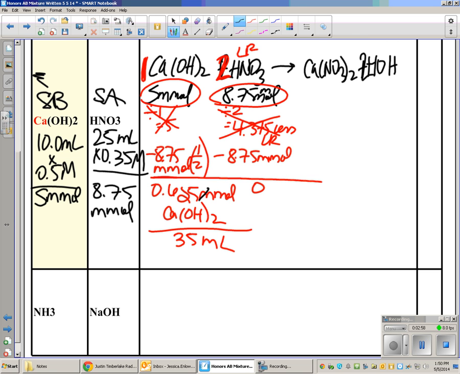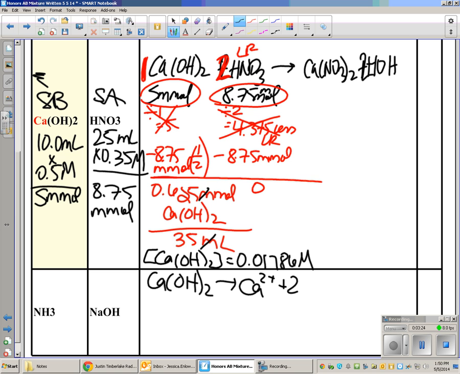Your millis and millis cancel out, that gives you moles per liter. This gives you the concentration of calcium hydroxide to be 0.01786 molar.